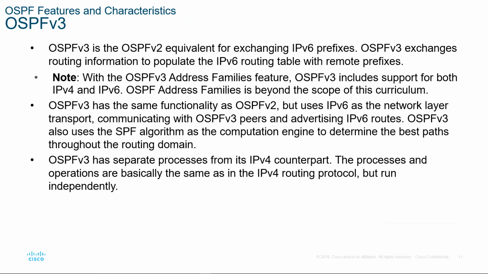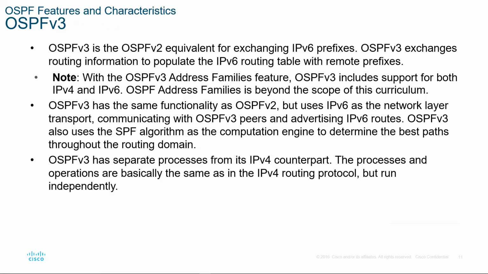Now, OSPF version 2 was for IPv4. Okay, so with the advent of IPv6, we had an update to the routing protocol so that it could exchange information for IPv6. So it has the same features as OSPF version 2, it's just enabled for IPv6.